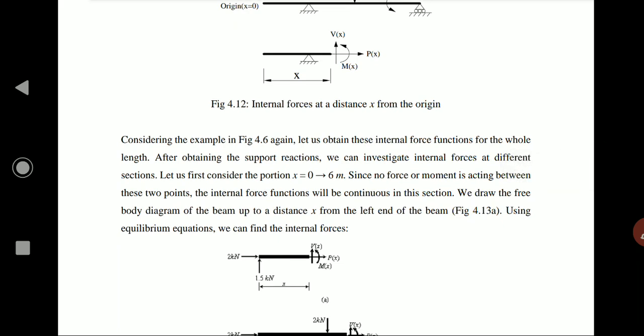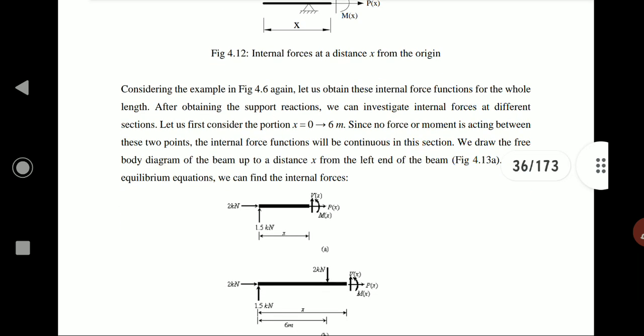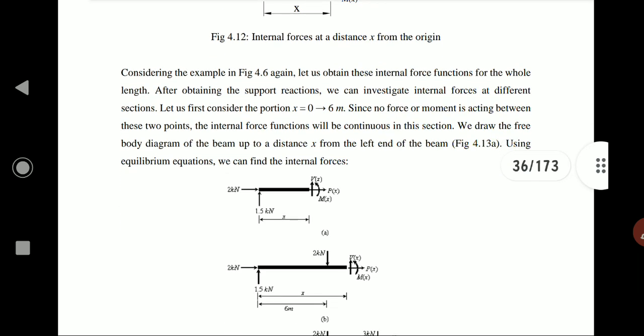Considering an example, 4.6 again, we shall cut a section at C at a distance x from A, 2 kilonewtons, 1.5, that's the reaction. This was our AY and AX.